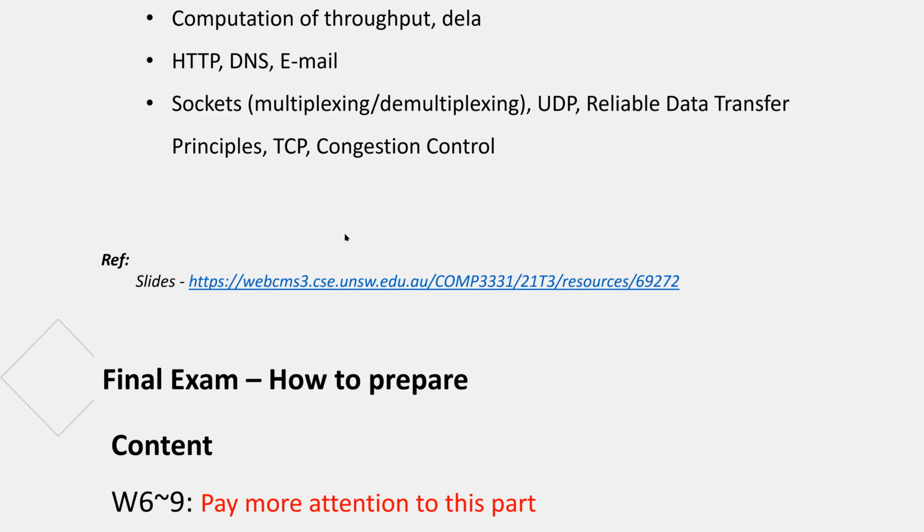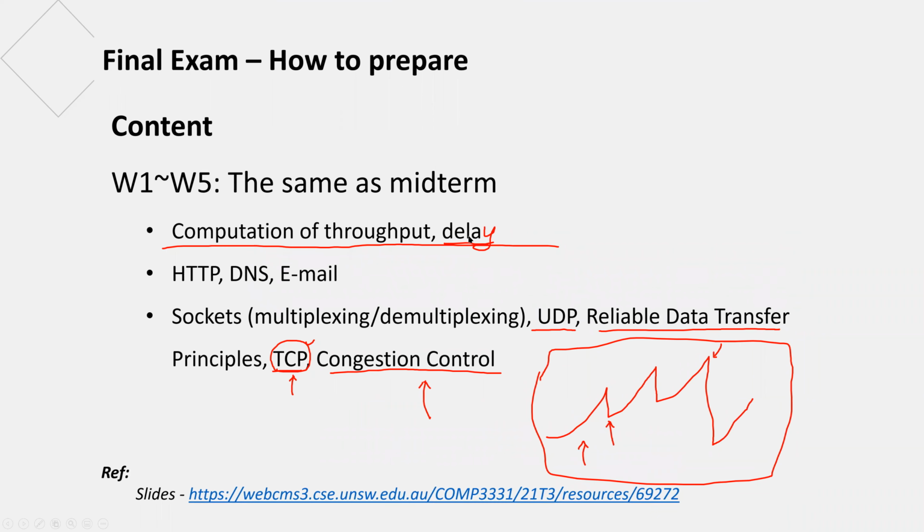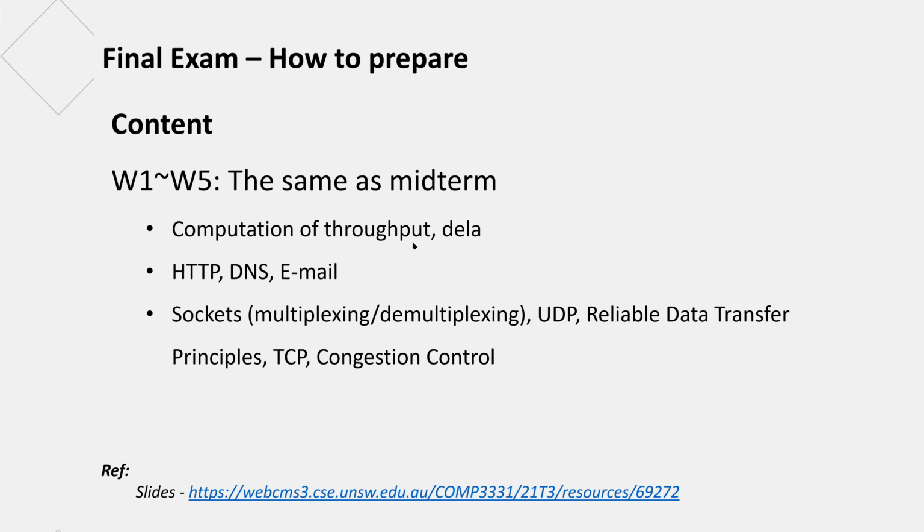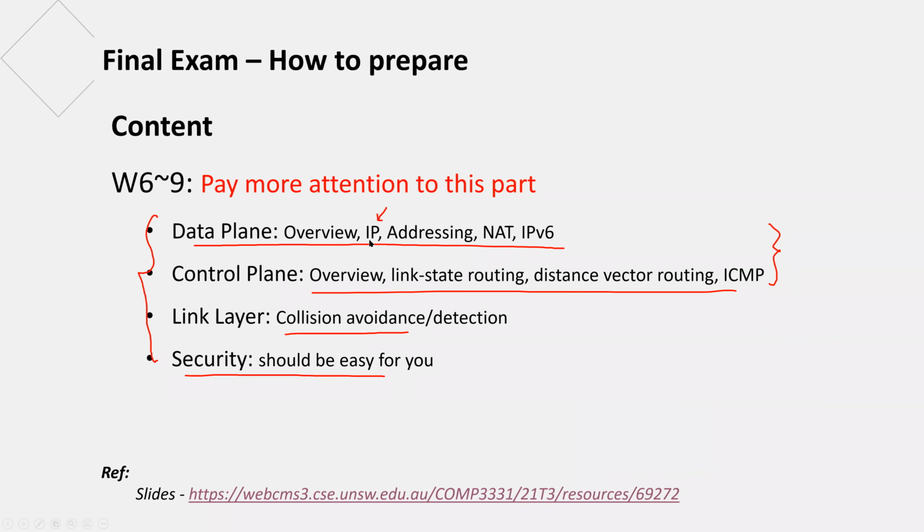Probably they will test some calculation about throughput, delay and TCP stuff. They can combine TCP with the throughput calculation, and throughput calculation plus the IP addressing. Just go through all the slides, then you will get a good mark. Please let me know if you have any doubt.